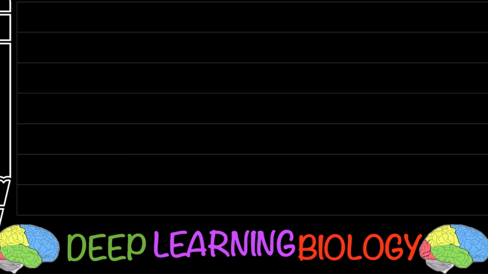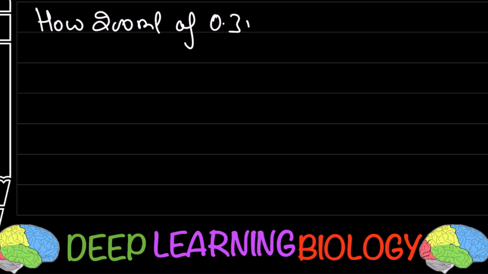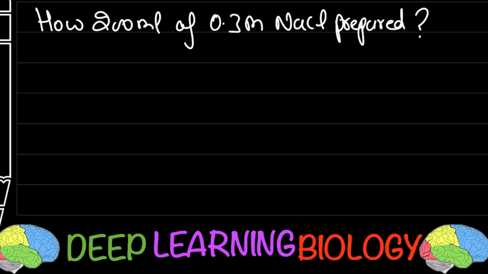Now let us try another very simple question. How is 200 ml of 0.3 molar NaCl prepared? The molar mass of NaCl is 58.44 gram.